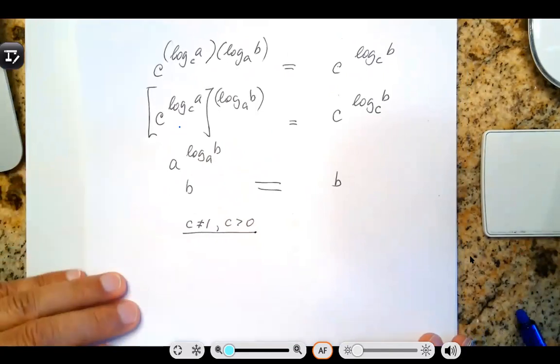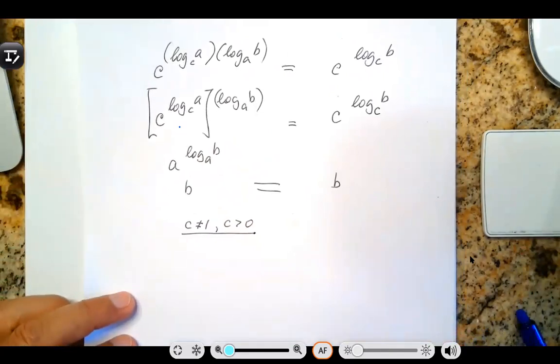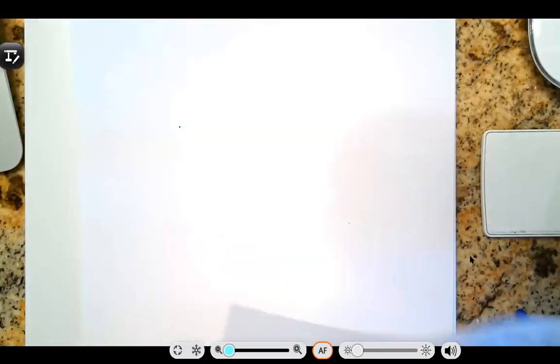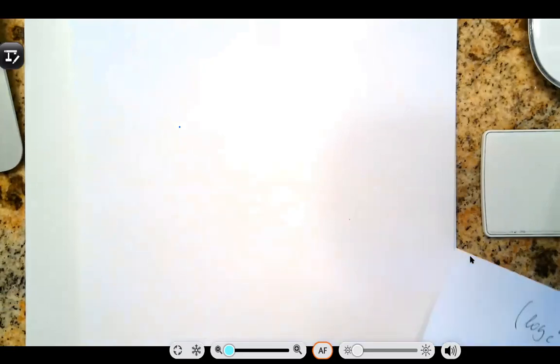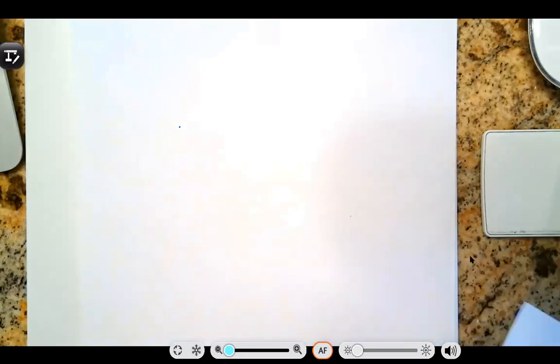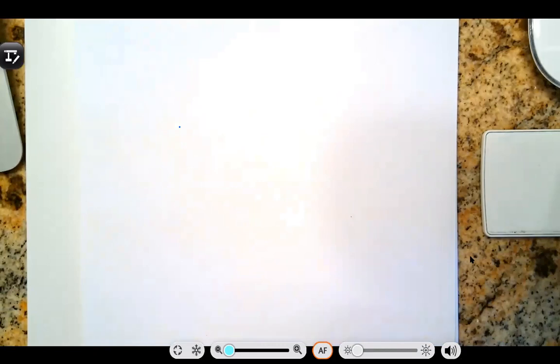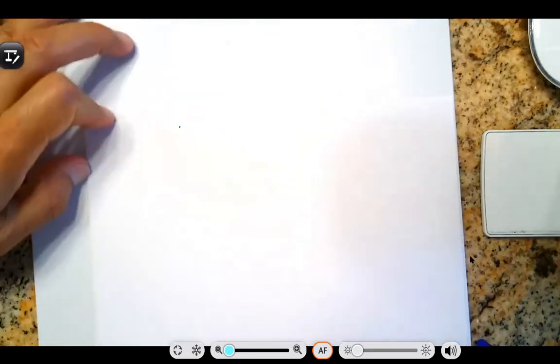Those are called natural and common logarithms. Let's talk natural and common logarithms.